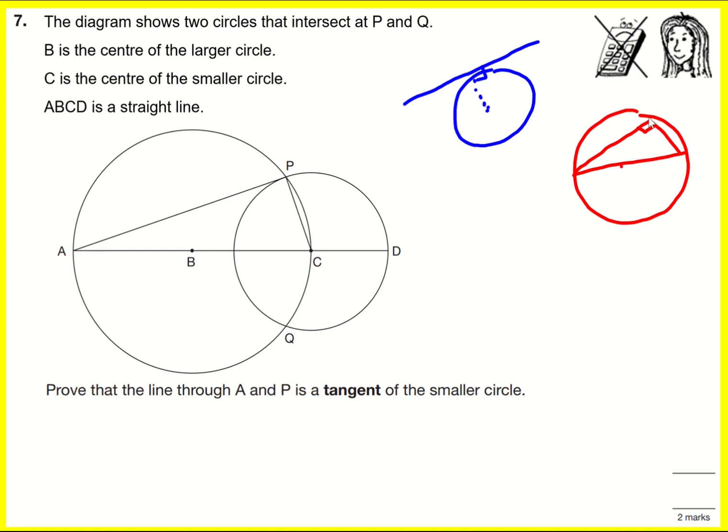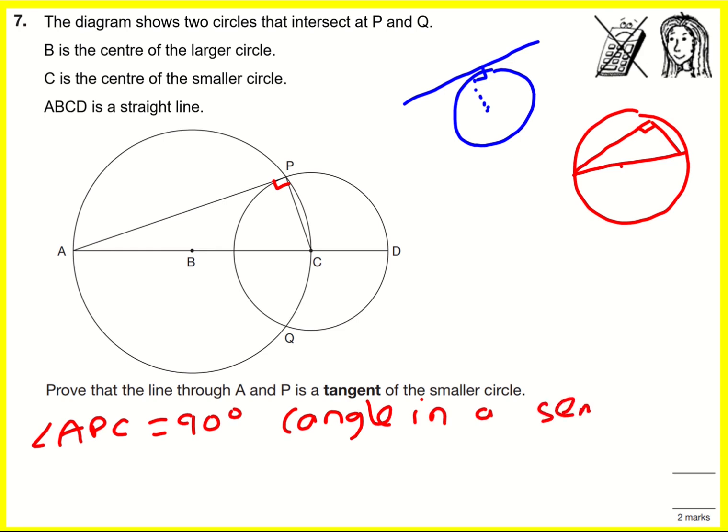So basically, prove it. So this angle here, angle APC, equals 90 degrees, angle in a semicircle.